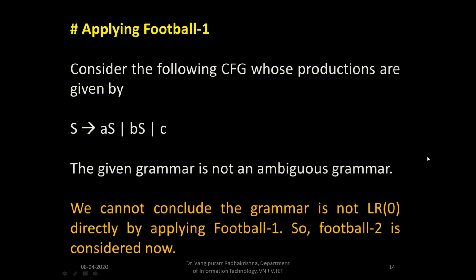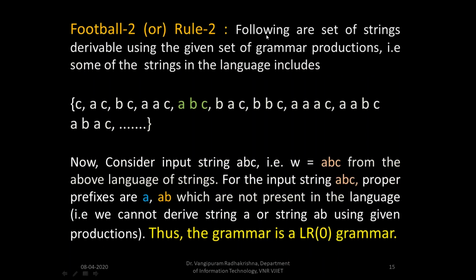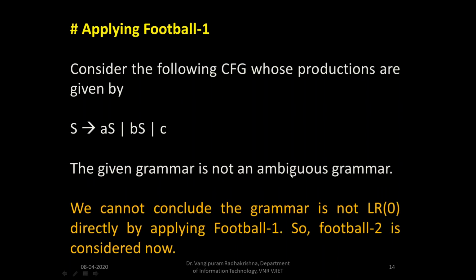So if you apply rule 1, there is no chance that you can prove the given grammar is ambiguous. So applying rule 1 here, there is no chance that the given grammar can be proved as ambiguous.